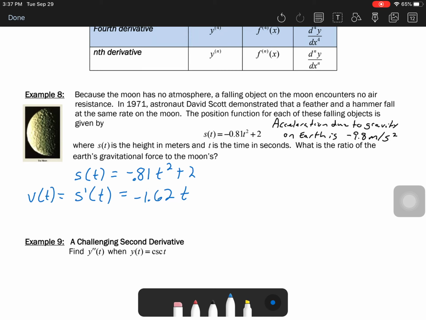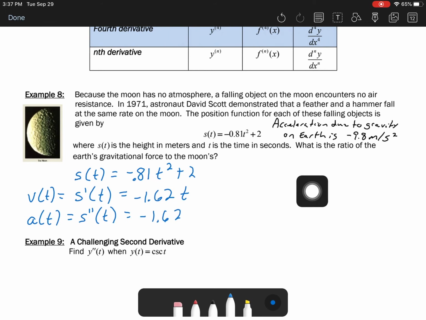That's our velocity function. Now our acceleration, a of t, would be the second derivative of s, which would then just be negative 1.62. It would be a constant acceleration of negative 1.62, and we know that they told us that this was meters and seconds, right? So we'd have meters per second squared for our acceleration.